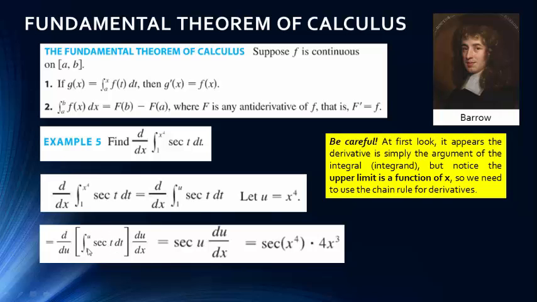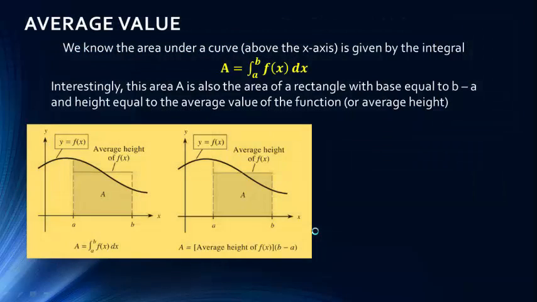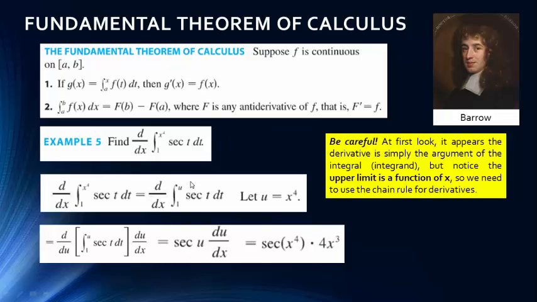But when we're doing the chain rule, we also have to take the derivative of the inner. So we get secant x to the 4th times the derivative of the inner, which is 4x cubed. Okay? So be careful with this. If you have a function here, you have to do some substitution, and then it follows the chain rule, remembering that we have to also include the derivative of u. Okay?